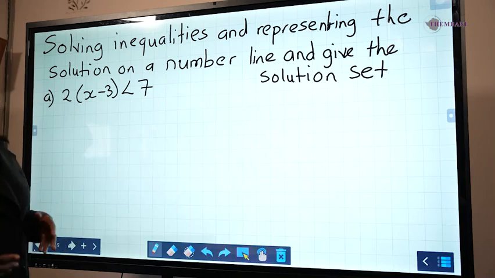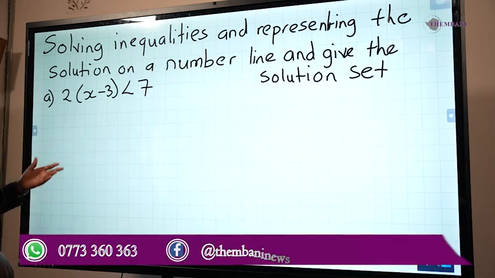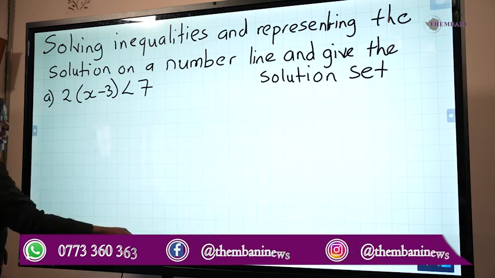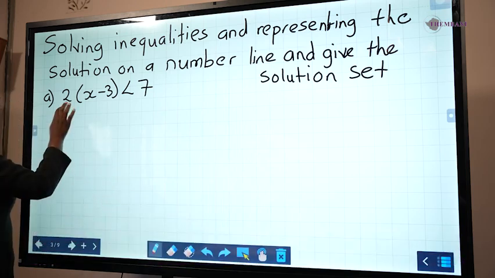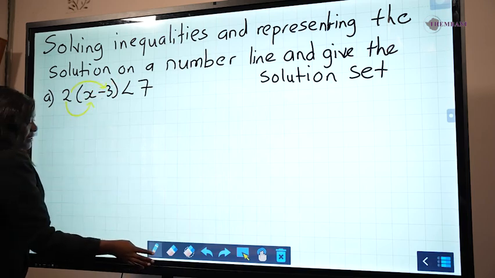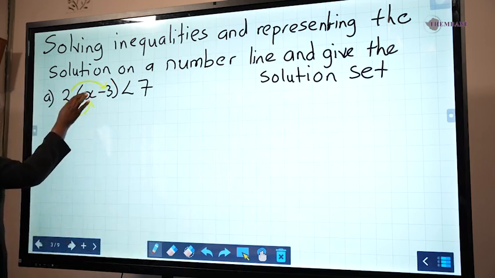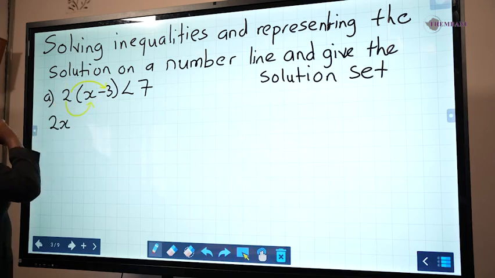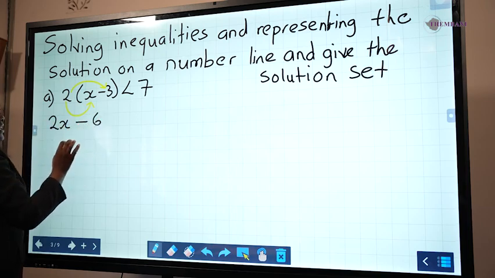So we are starting again with this one, where we want to remove brackets first. After removing the brackets, we solve for x. In removing brackets, we multiply each and every term inside the bracket with that which is outside the bracket. So 2 multiplied by x gives us 2x, and then 2 multiplied by negative 3 gives us negative 6.